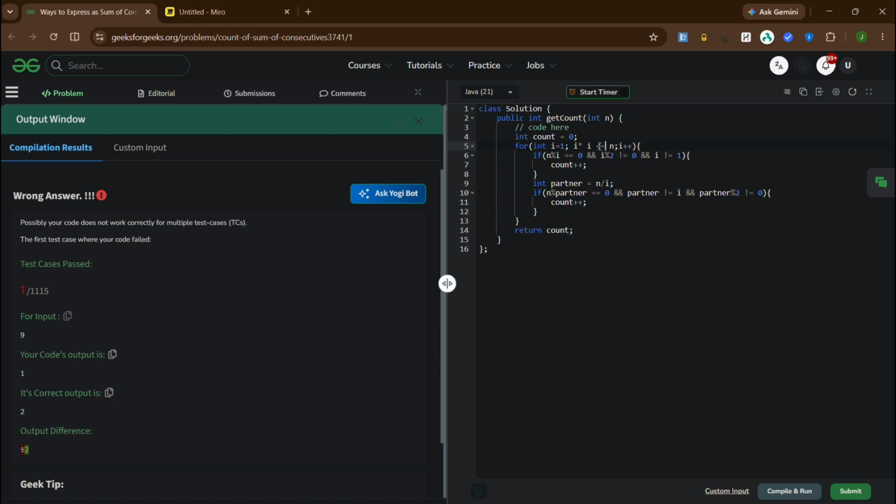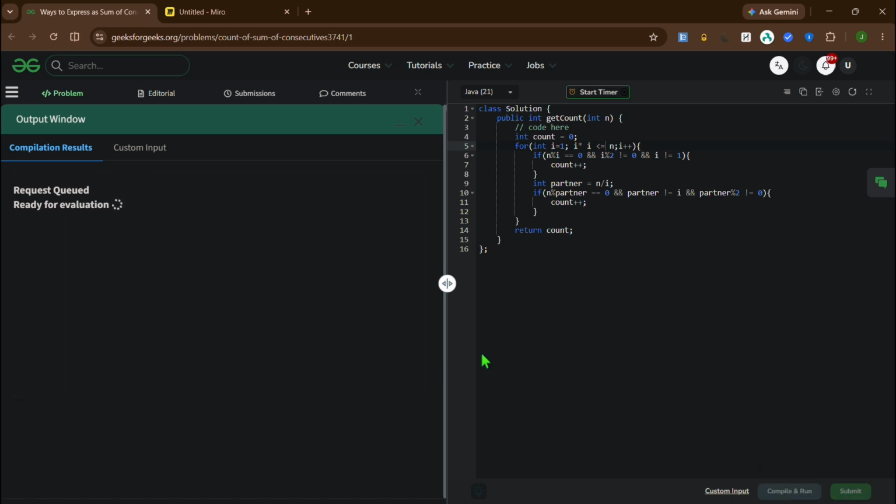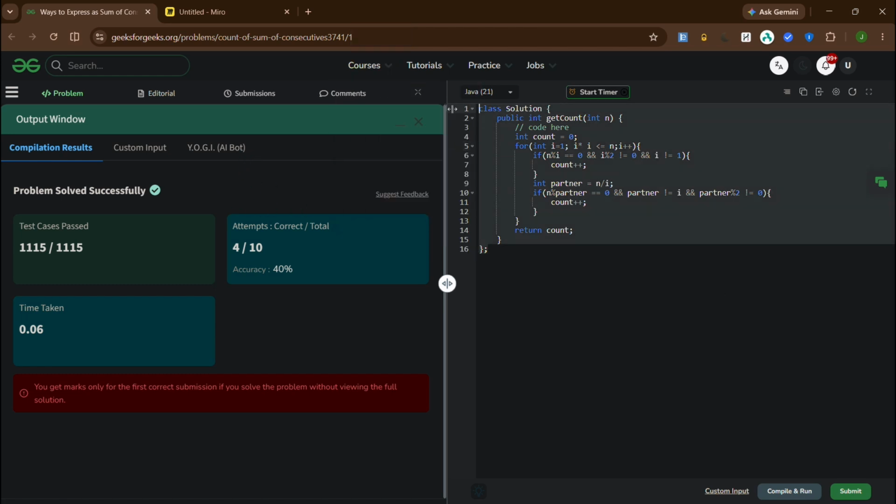So I will include less than or equal to. Let's compile it again. Submit. Okay, so we have successfully completed the problem, and this was the whole code.